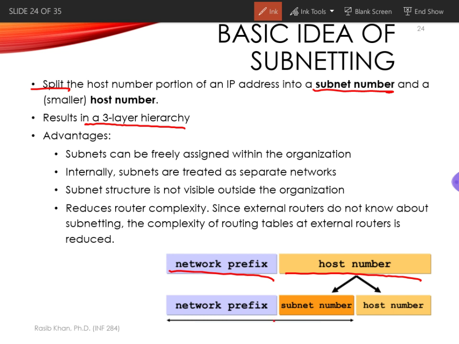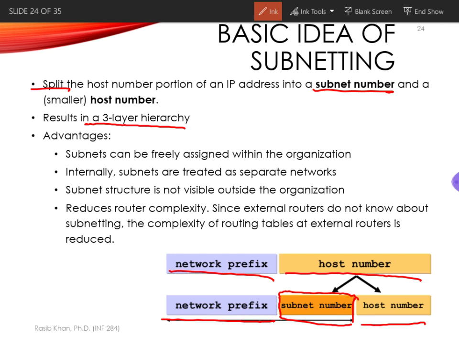Now we keep the network prefix as it is in terms of the bits, but now we have a smaller segment that we borrow from the host segment and assign it to the subnet number. The remaining bits are the host number for each of the subnets that we are going to create.